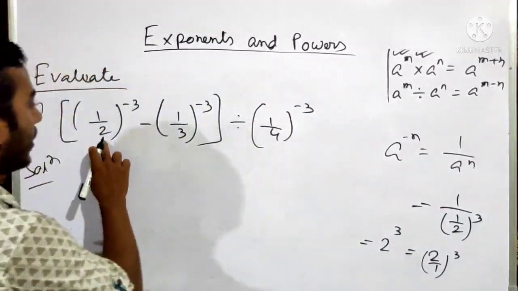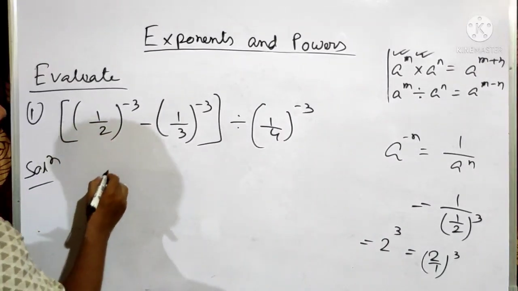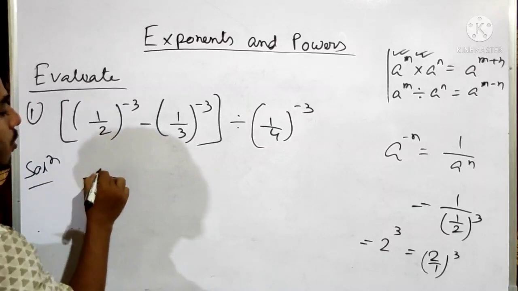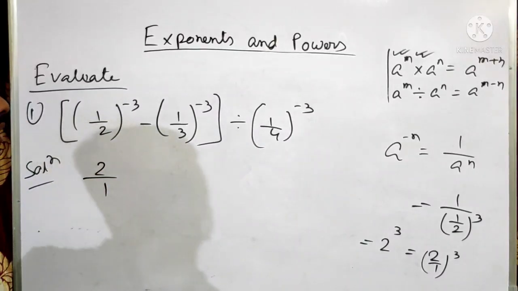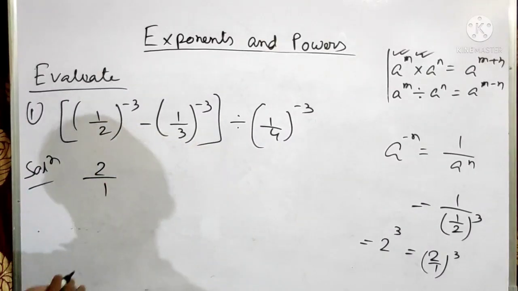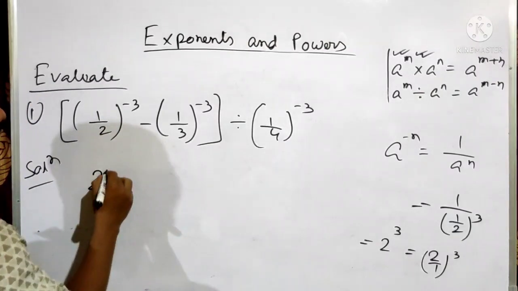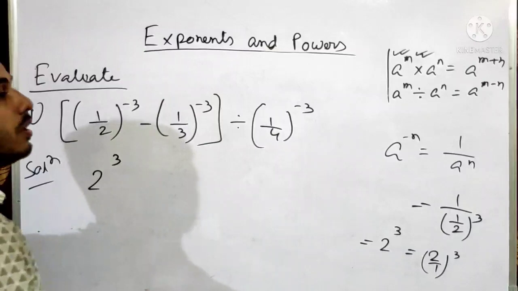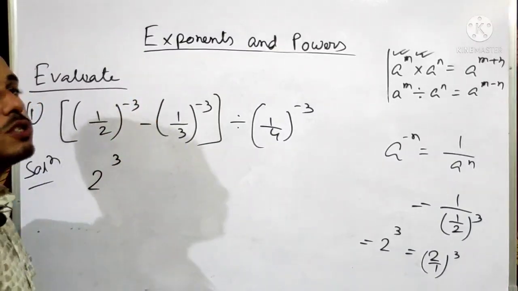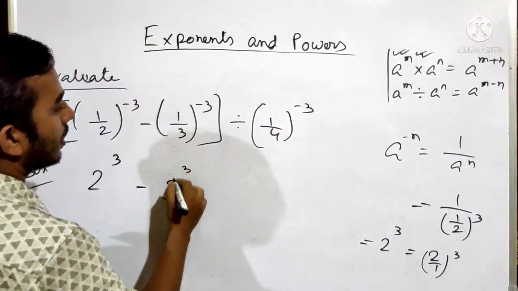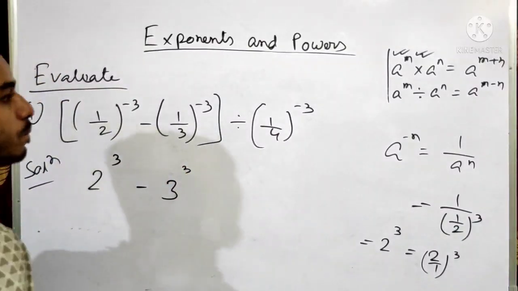So here the numerator is 1, so it will go to the denominator, and the denominator is 2, it will go to the numerator. The denominator 1 no need to write, so we'll write here 2 power 3. This power from negative became positive. Clear? Next it will be 3 power 3. Clear?